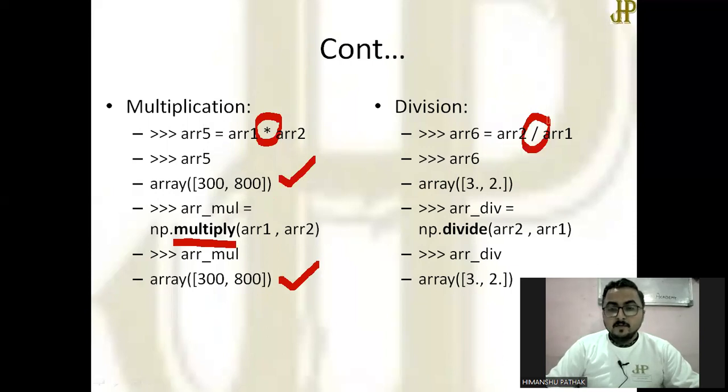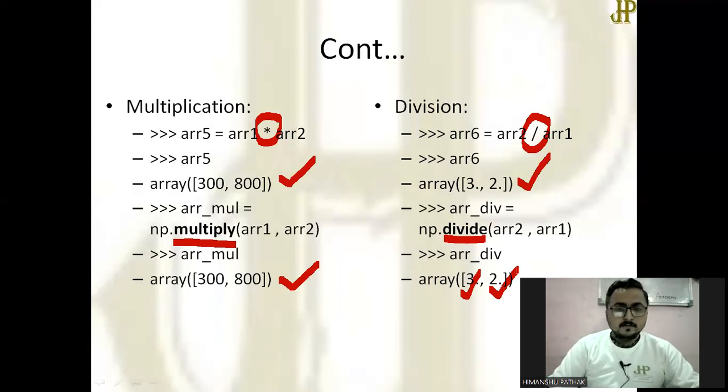Forward slash can be used as division. It will always give the answer in floating point. That's why it is printed as 3., 2. Other than this, you can use the function divide. So 30 divided by 10 becomes 3, and 40 divided by 20 gives the answer 2.